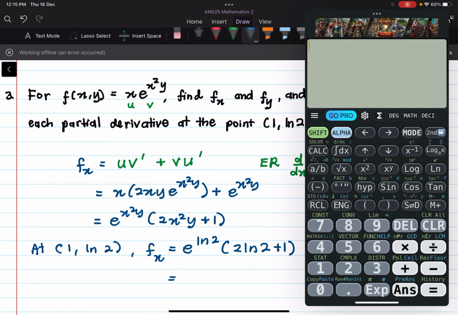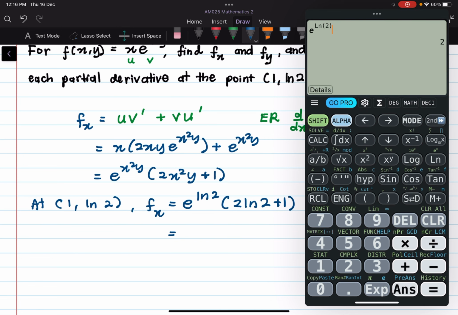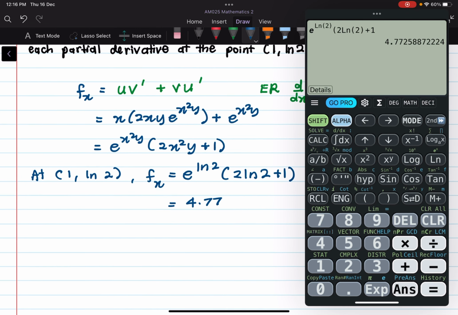So if we substitute, we're going to get e^(ln 2) times (2 ln 2 + 1), which is 4.77 to three significant figures.